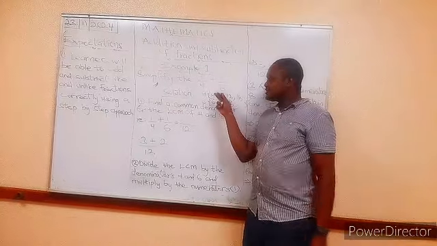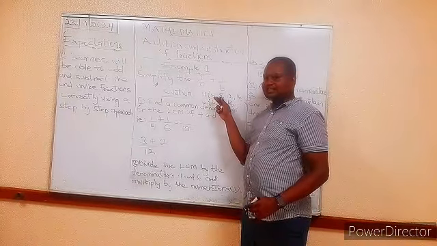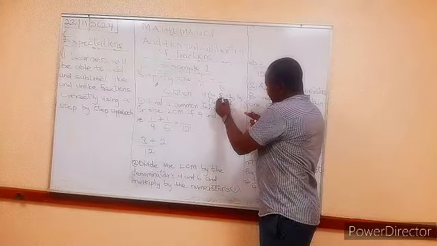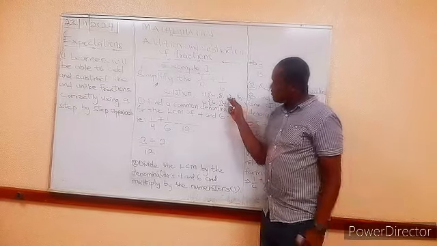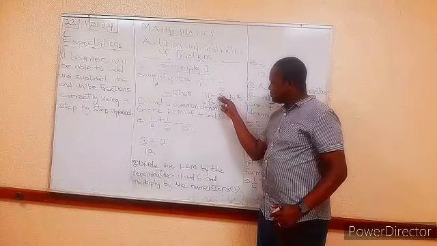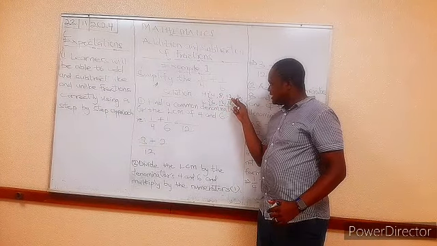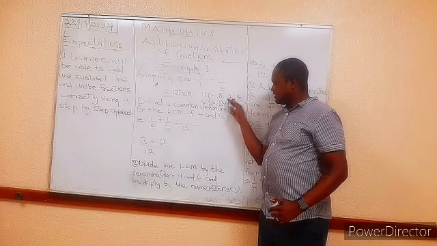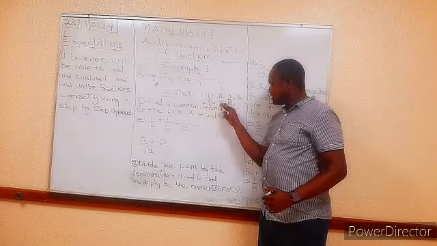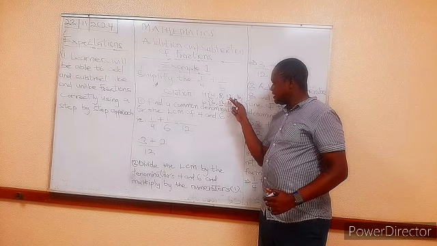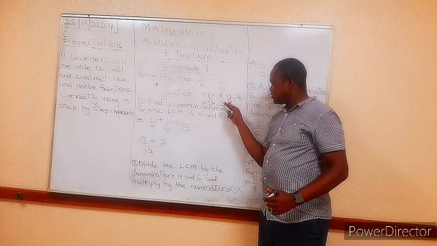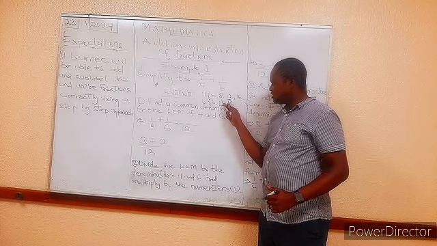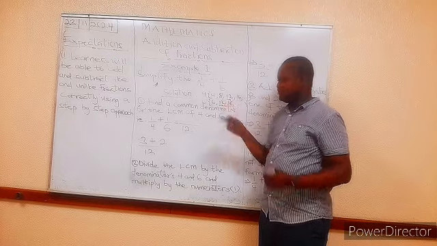Now, the least common multiple of 4 and 6 is 12, because when you look at the multiples of 4, 12 is the lowest. Then when you look at the multiples of 6, here also, 12 is the lowest. So 12 now is the least common multiple.